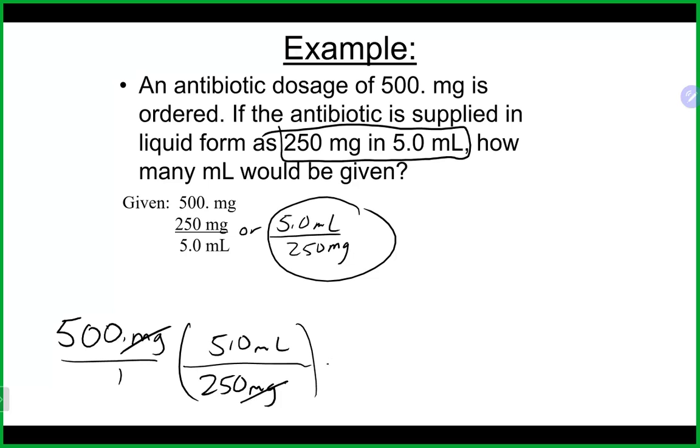Milligrams divided by milligrams will give us milliliters left over. Multiplying there and dividing, we're going to take 500 times 5 divided by 250. Going to give me 10 milliliters in this particular case.